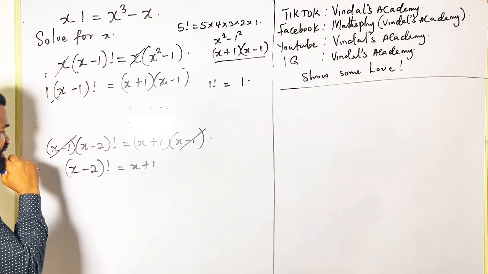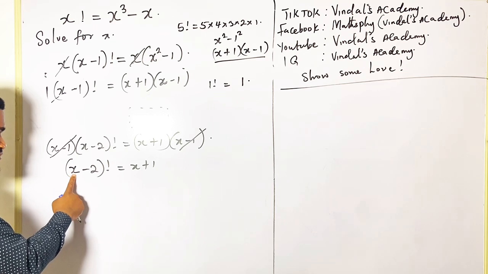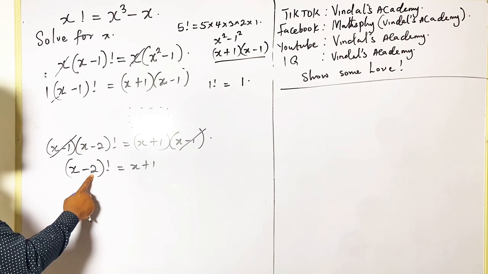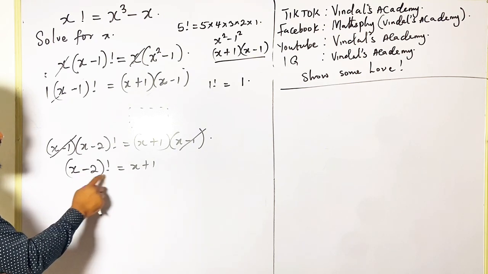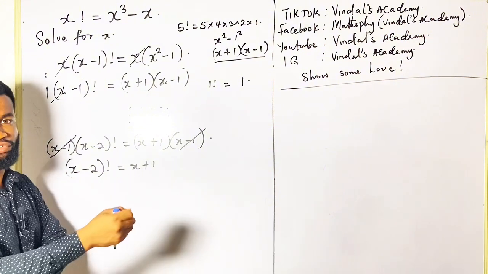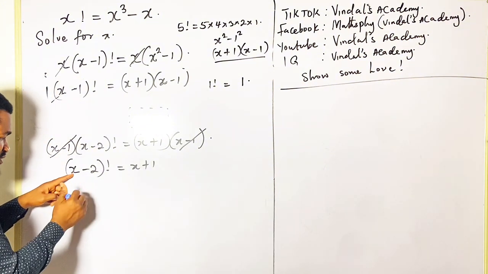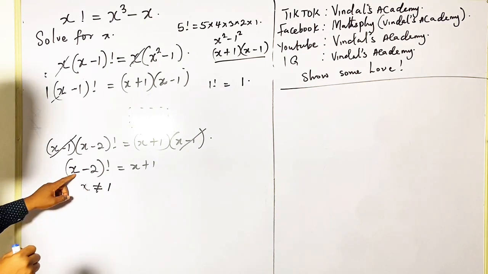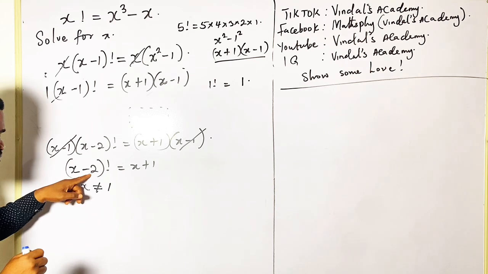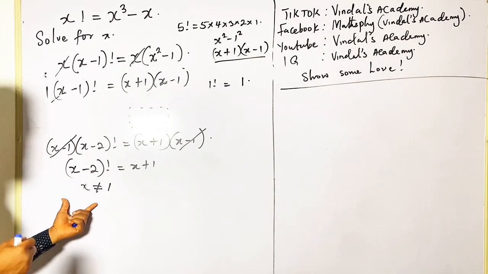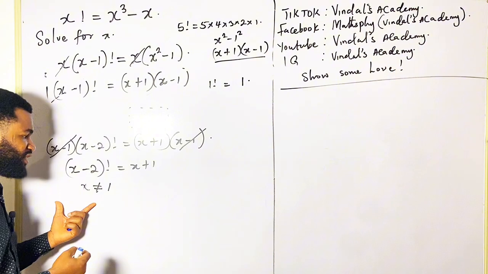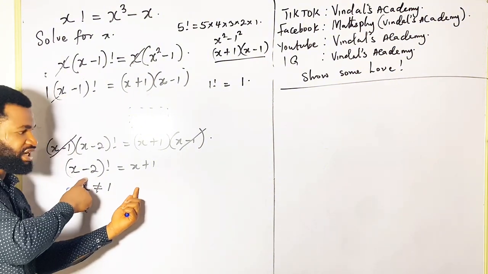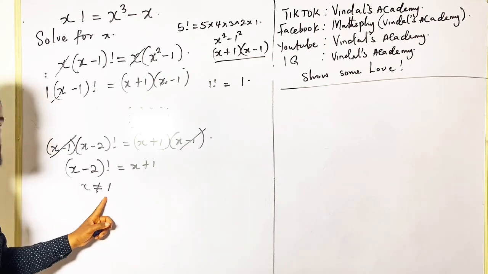So what I'm going to do right now is, if this x is 1, 1 minus 2, for x to be 1, it's not going to work, because if x is 1, I'm going to say that x can never be 1, because 1 minus 2 is going to be minus 1 factorial. But minus 1 factorial, the left-hand side cannot be equal to this side. So if I also put 1 here, minus 1 factorial cannot be equal to 2. So x cannot be 1.